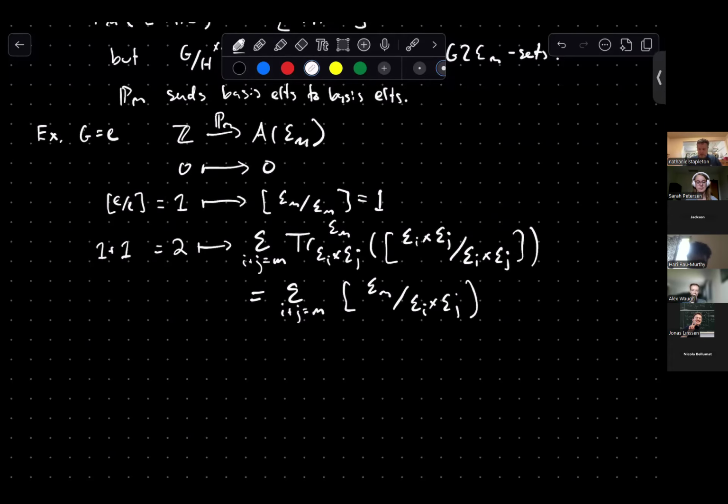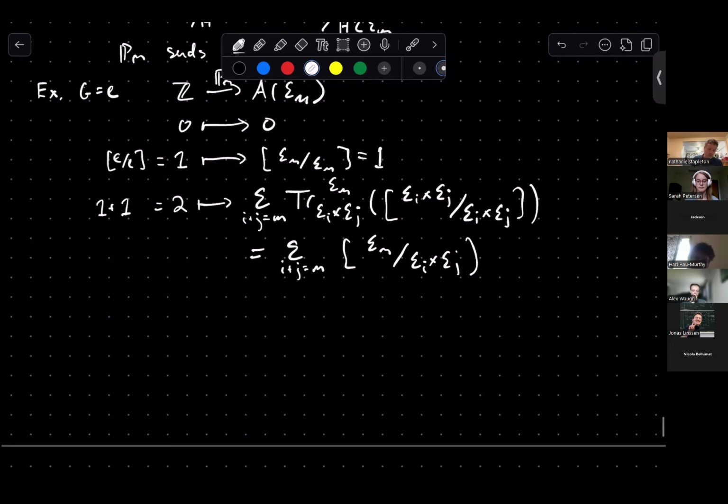When I apply the power operation to a G set, only certain kinds of subgroups in the symmetric groups are arising in the target of the power operation. Sigma i times sigma j is not an arbitrary subgroup of the symmetric group. Sigma m has lots of subgroups. Sigma i times sigma j is a very special subgroup of the symmetric group.